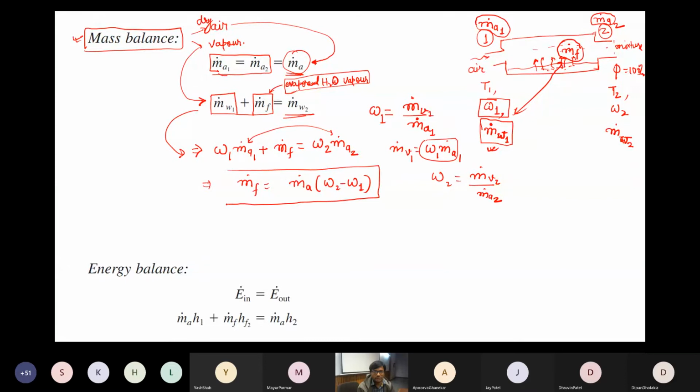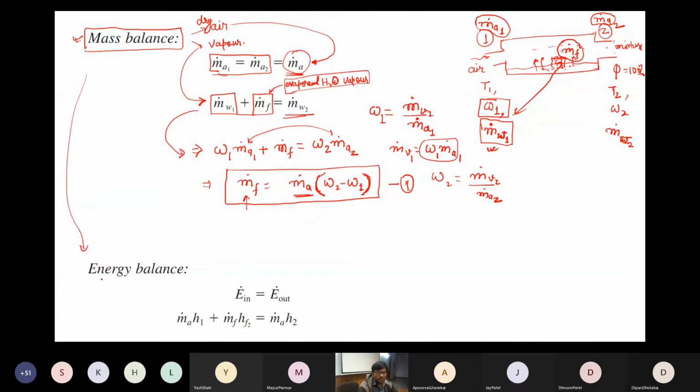Now you know that the mass of vapor that has been evaporated inside the chamber will be the dry air mass flow rate times the specific humidity at 2 minus 1. Okay, let's call this equation 1. Fine, mass balance is over.